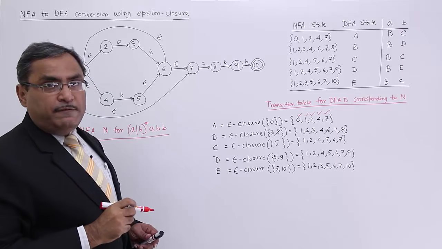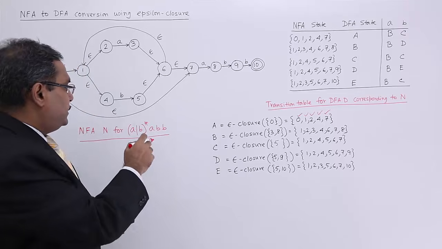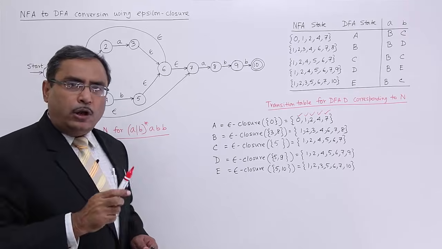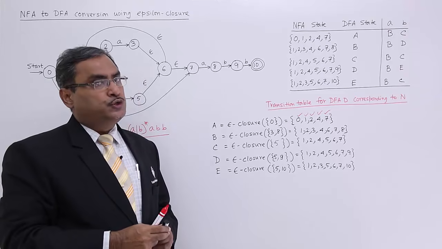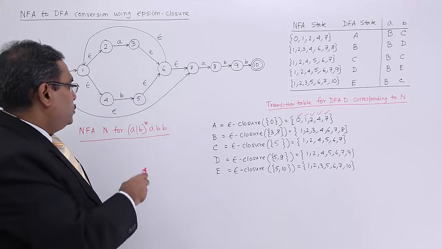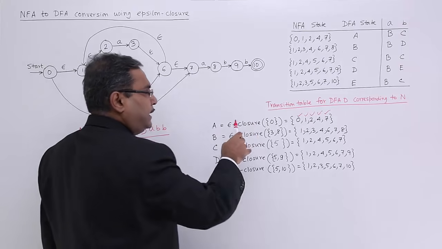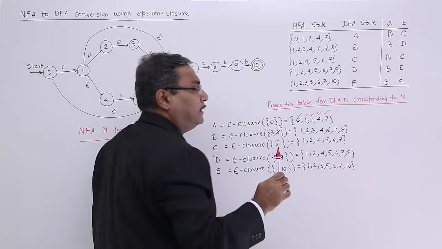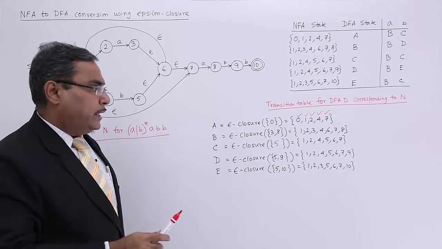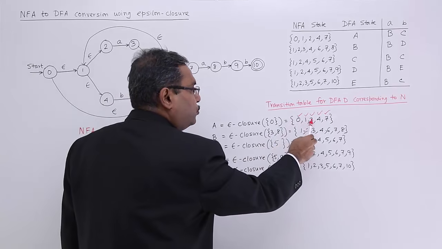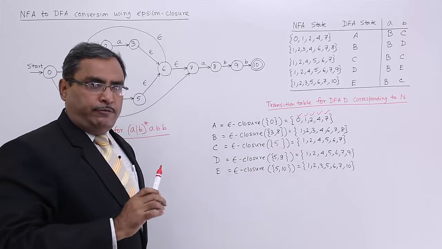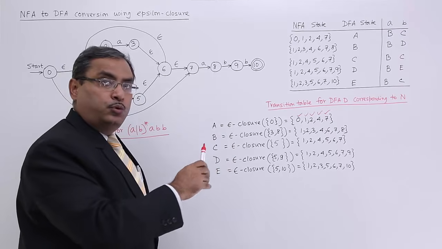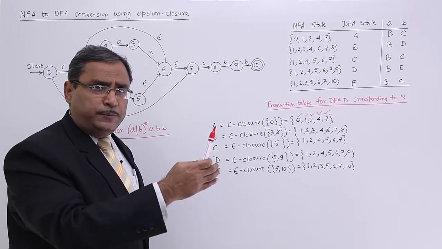Now, from A, if I give the input small a, because in the regular expression we have only two input alphabets, small a and small b, what will be the next state? See 0, 1, 2, 4, 7: are we getting any transition from these states to another state using input symbol a?